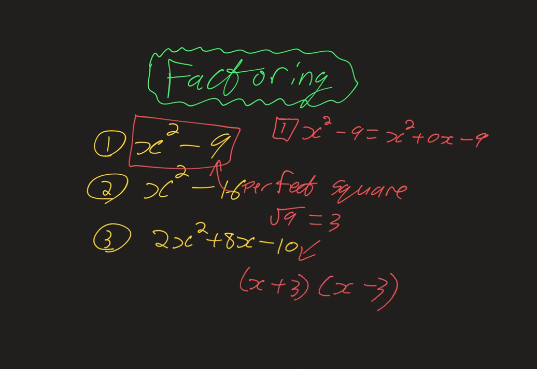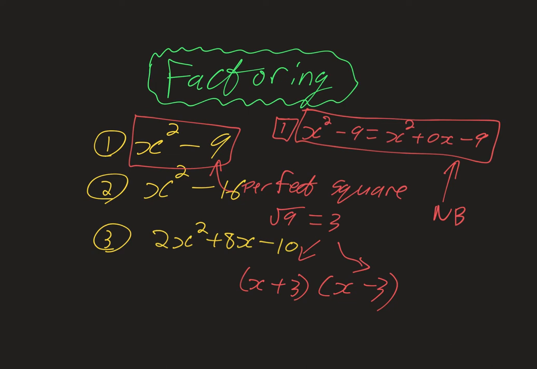So x plus the square root and x minus the square root in the brackets, and that will give you the answer. This is a good way to remember it and why it's true, instead of just memorizing a sequence to follow. But this is just a bit of a shorter method, and it is a bit of a trick that you can use to be a bit faster. But this is obviously important to understand before using this method.